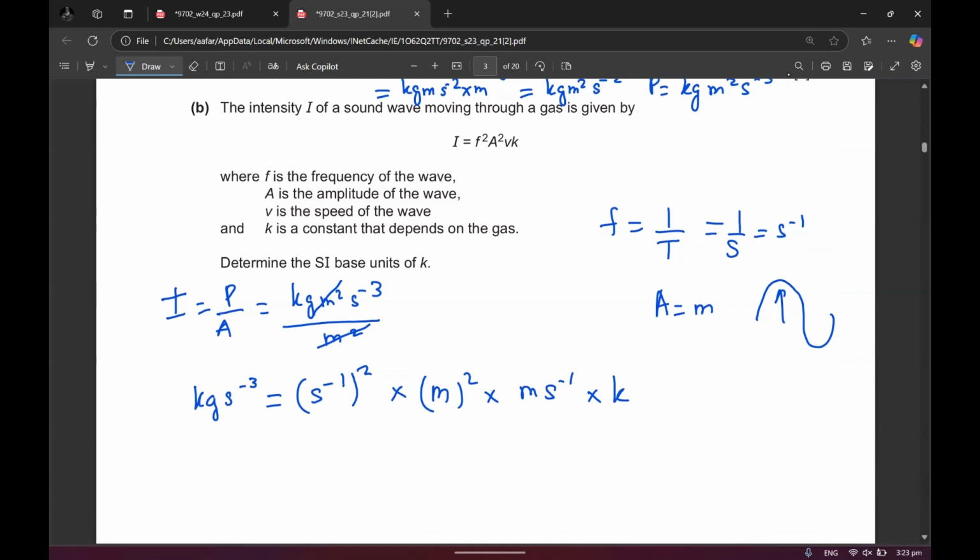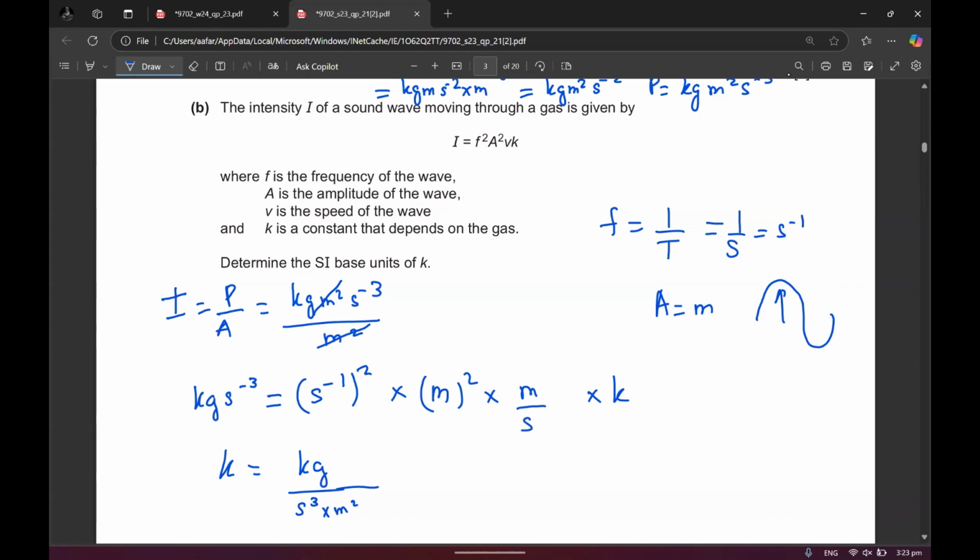Let's just take all of those units to the other side of the equation. k is equal to kg per second cube. Let's take the rest downwards to the denominator. Meter square was being multiplied, so it will divide. Let's write velocity as meter per second.